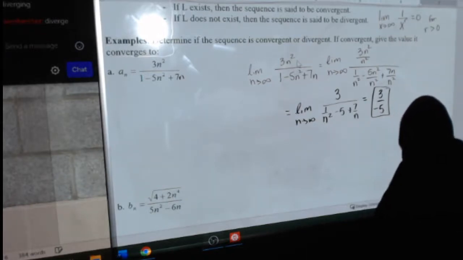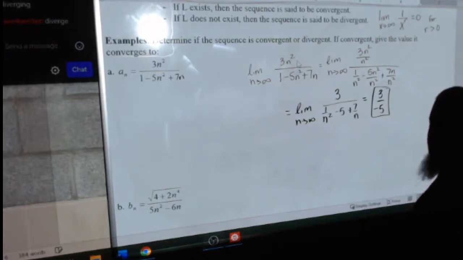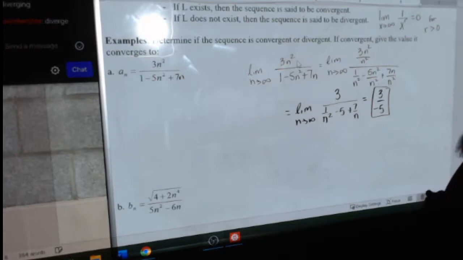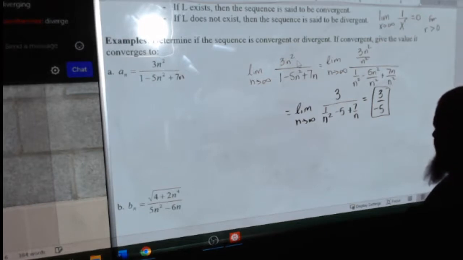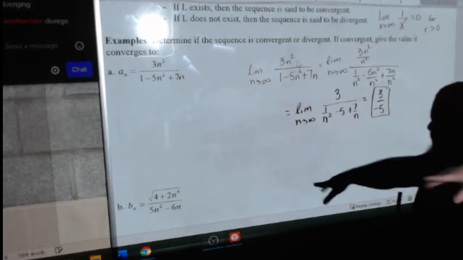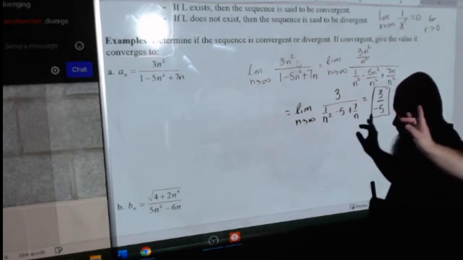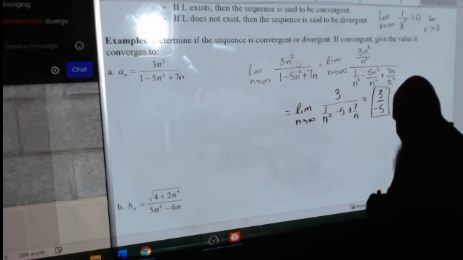So we can say that this sequence converges to minus 3/5. I'm going to go ahead and start the next one. If you have any questions about this one, feel free to ask.